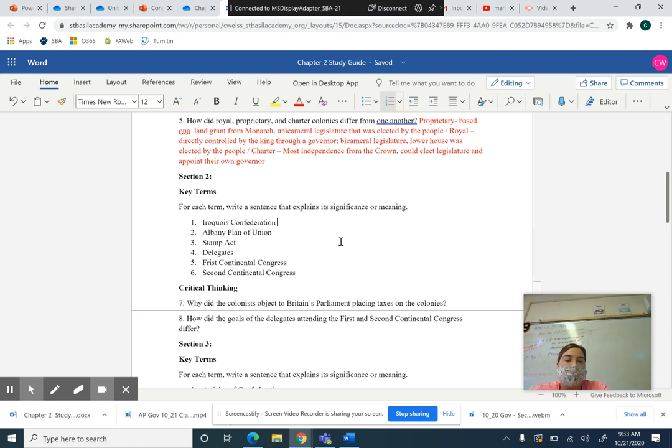Iroquois Confederation. What do you have for the Iroquois Confederation? Morgan? A powerful alliance of the 6 Native American nations.